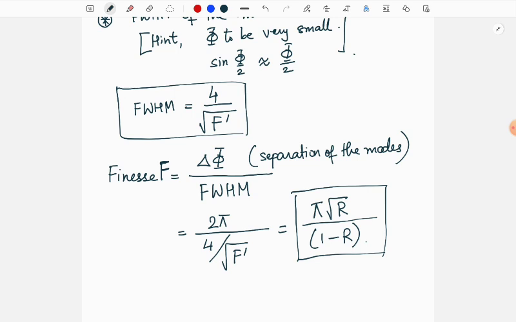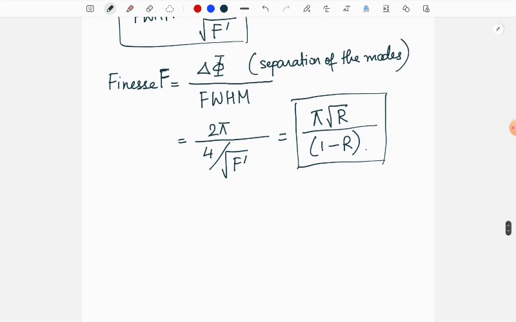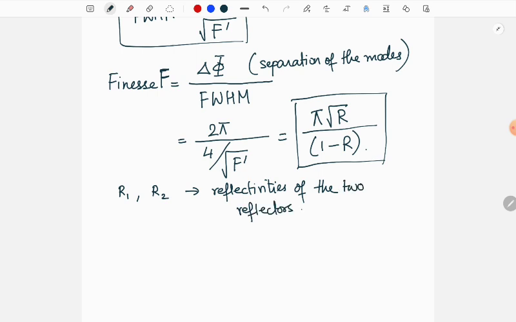This was when the two reflectors are identical, but one can even generalize it. Let's say R1 and R2 are the reflectivities of the two reflectors. So they are not equal. In that case, what we do is we replace R with square root of R1 R2.